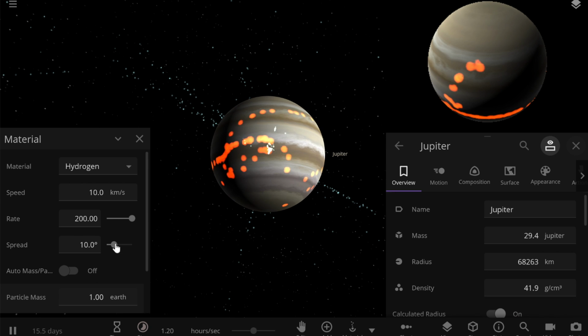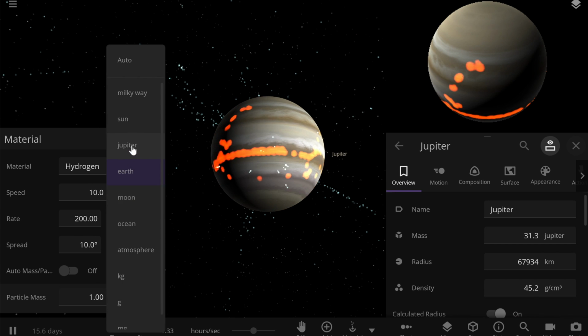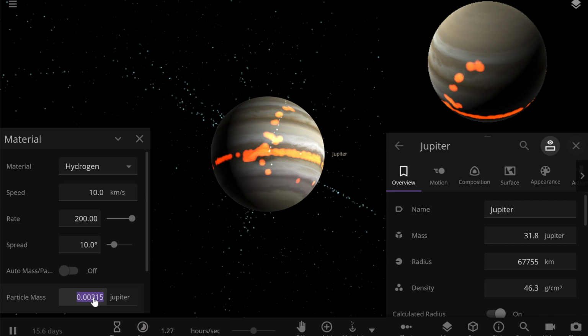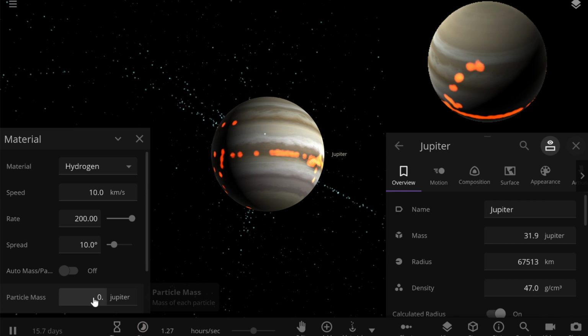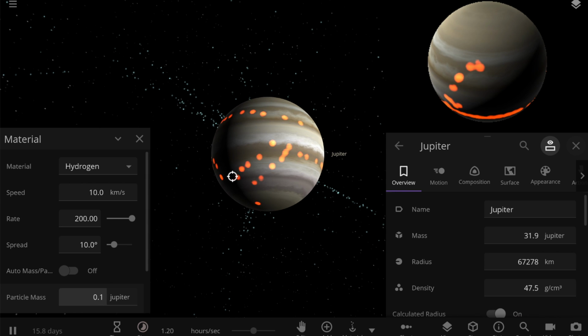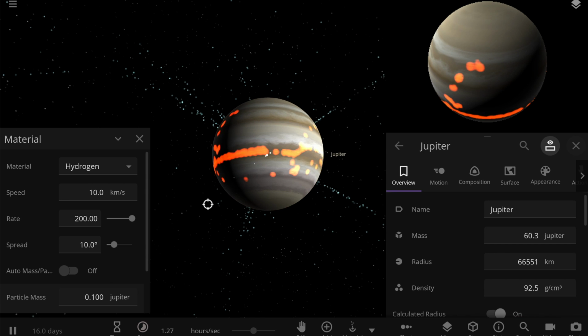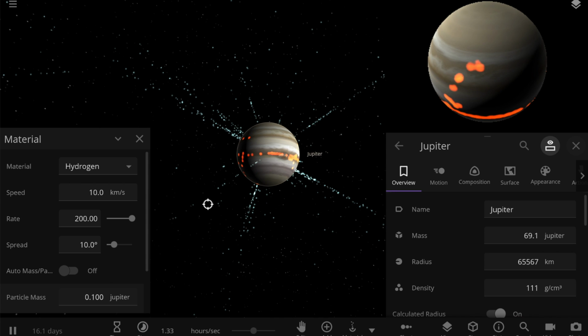So first of all, I'm gonna add some more mass. So I'm gonna do, maybe 0.1 every time. It should go up super fast now. Watch. Oh no. Okay, it's getting close to the definition of a planet. So I'm gonna put 0.001.